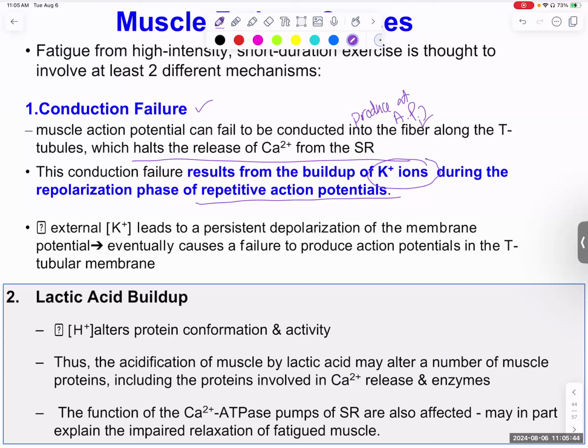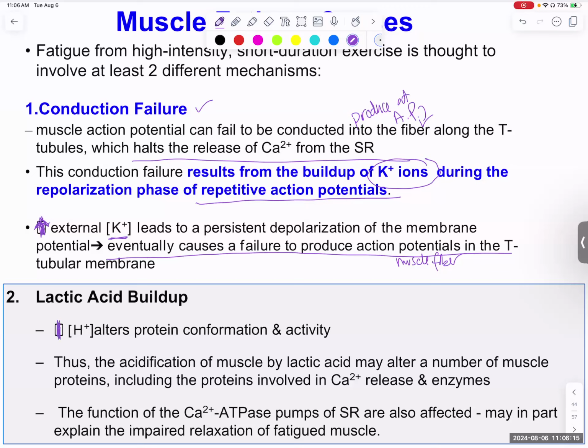So that's a conduction failure. You cannot conduct another action potential. An increase in external concentration of potassium is going to lead to a more difficult time generating an action potential in the muscle fiber. That's one.